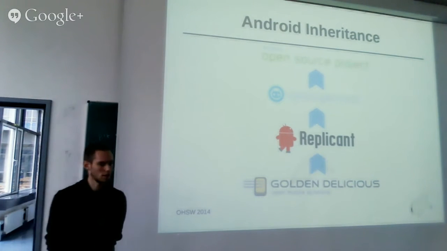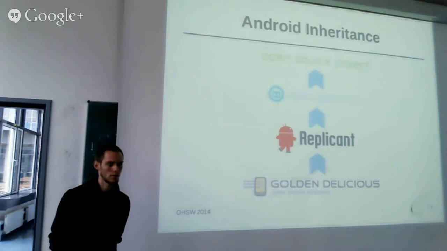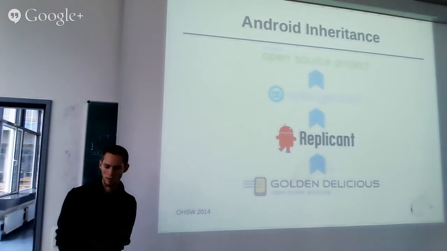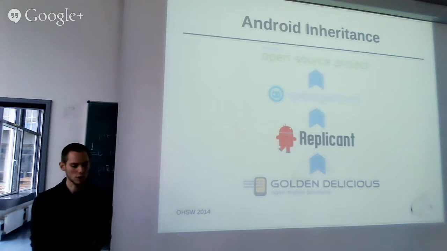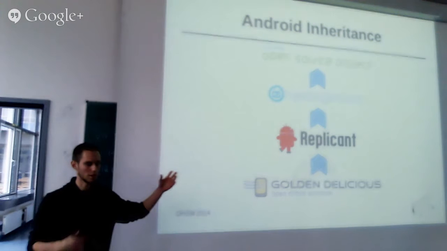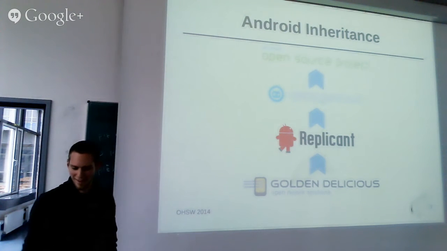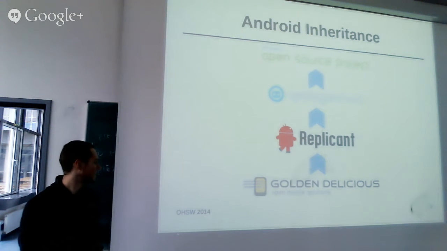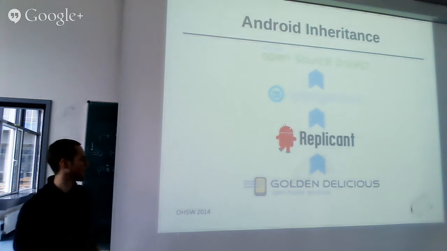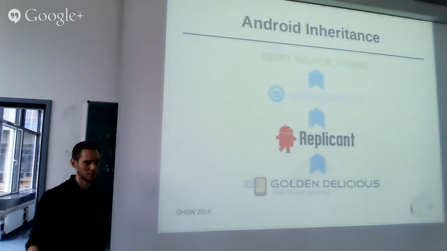So, for example, the kernel, we have our own repository for our kernel, and we include all the drivers and adapt the drivers to the Android system in order to make Android or Replicant run on the GTA04. At this stage, we do not yet upstream a lot of changes to the Replicant project, but there is some cooperation, we will come to this later. There's another slide for it.